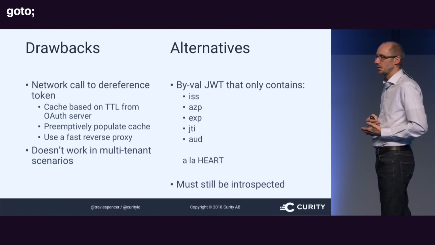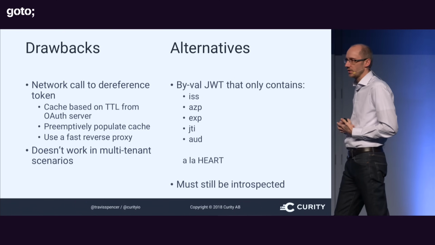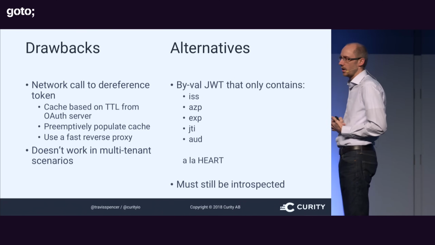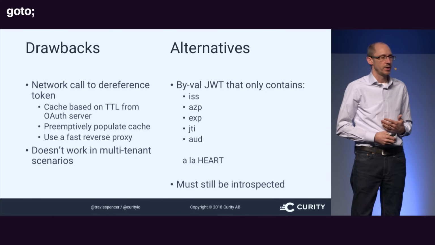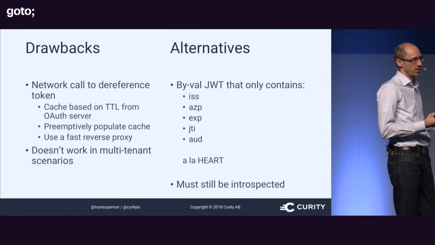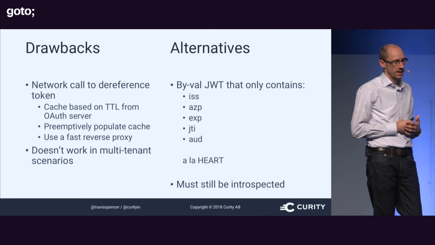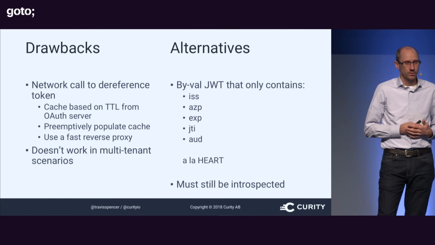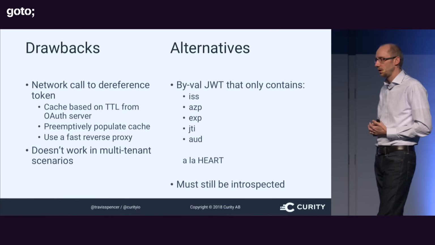So we can cache that across all of our APIs, and we can preemptively fill that cache. So if the OAuth server sends a message every time it issues a token to the API gateway or the reverse proxy, it could preemptively fill that cache to avoid later cache misses. We could also, of course, use a very fast reverse proxy that could handle these things quickly.